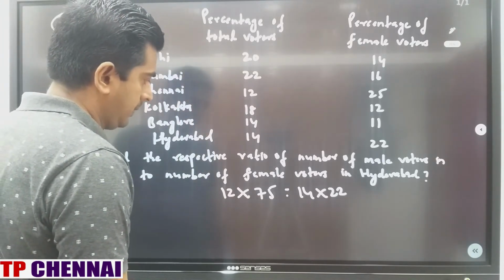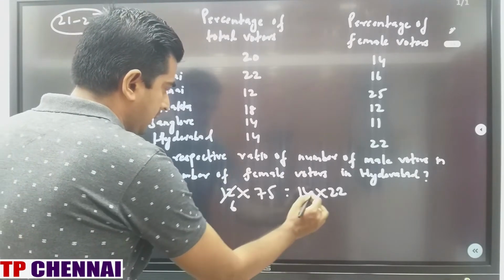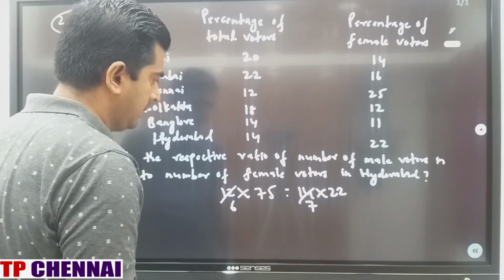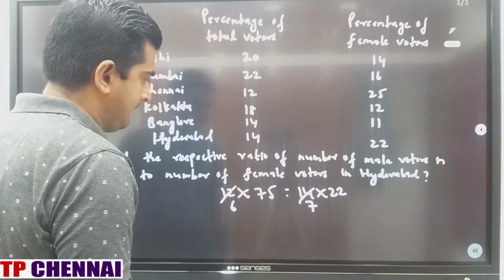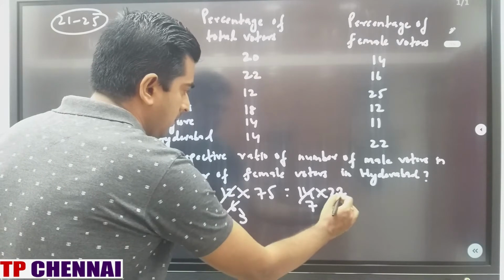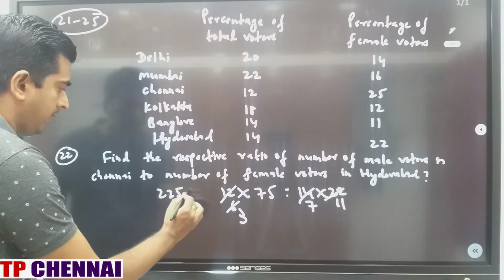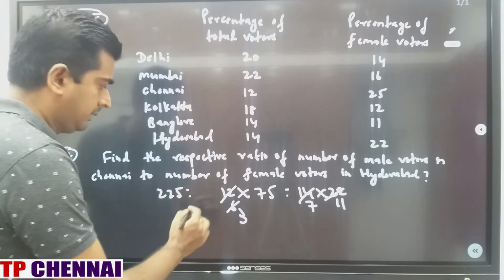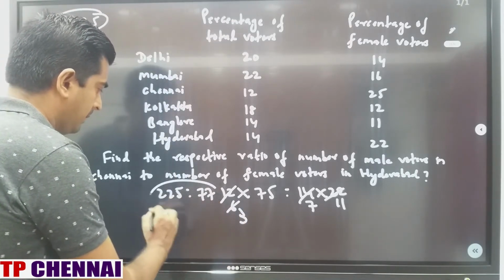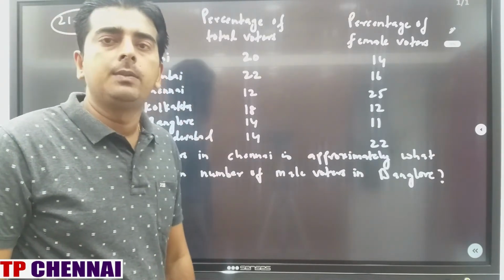Right, so we can cancel this number. 75 into 3 is 225 and 7 into 11 is 77. My answer is 225 is to 77. So I hope you are clear with 22.